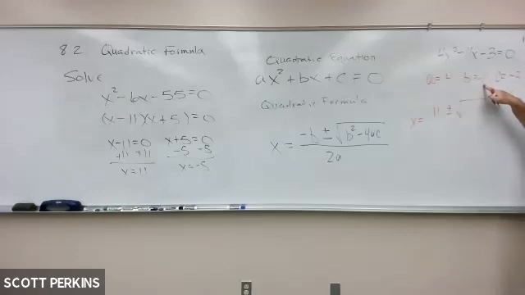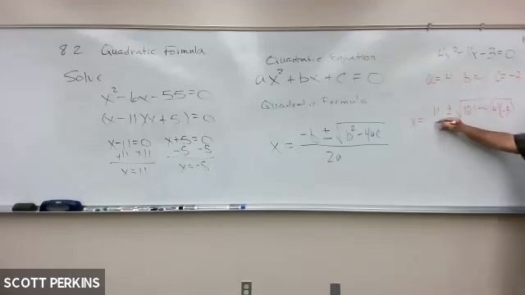What do you get when you throw that in your calculator? Positive 121. Yes, when you square this negative number, you get positive 121. Minus 4 times a, which is 4, times c, which is negative 3. All over 2 times a, so 2 times 4, or if you want to write down 8, that's fine.